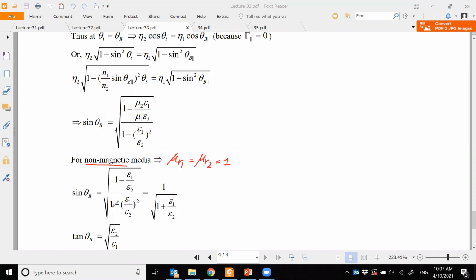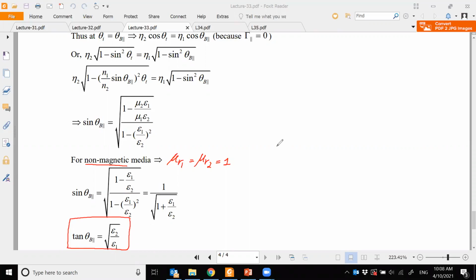In that case, I can further simplify it and make this Brewster angle: tan theta B is equal to root of epsilon 2 over epsilon 1. This is called the Brewster angle.